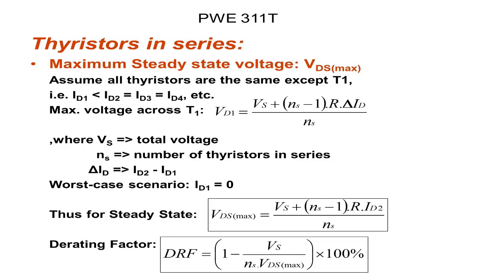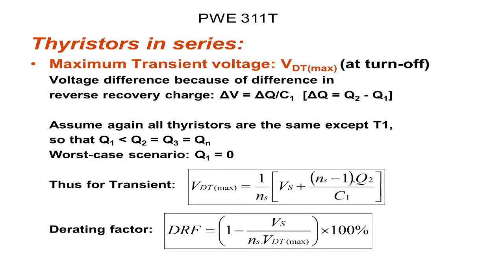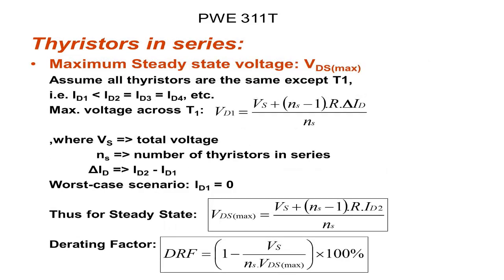So maximum voltage across thyristor 1, which is the one that is different, we can write that as VD1, which is Vs minus (Ns minus 1) times the resistance times the change in current flowing through the diodes, divided by Ns.